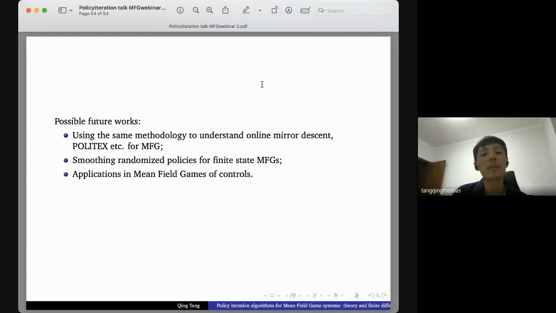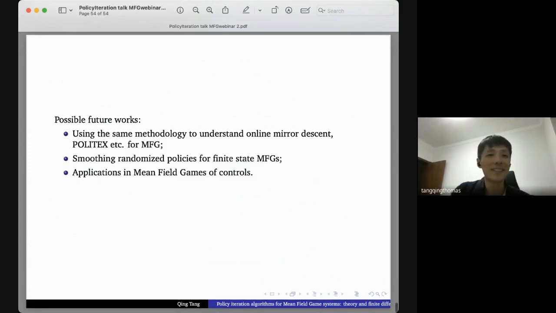Finally, I think applications to mean field games of controls would be very interesting because it's intrinsically non-local in general, and you're working with couplings between controls, so it's natural to update controls separately from other things. That's all. Thank you very much.